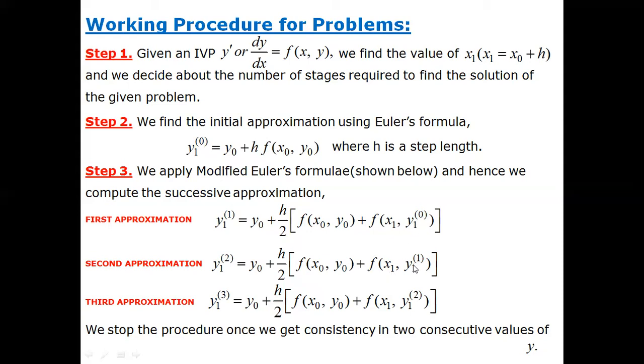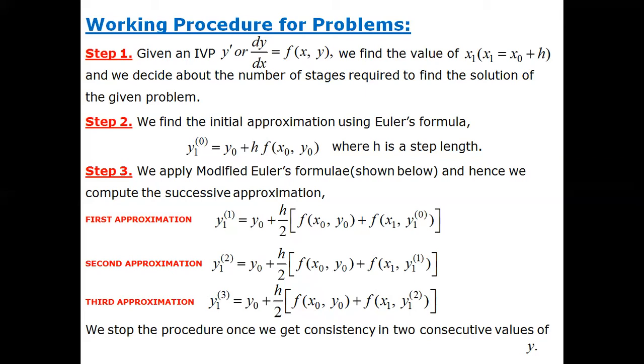Only the last value is changed: y1 power 0, y1 power 1. So easy to remember. In the same way, the formula for the third approximation is y1 power 3 equals y naught plus h by 2 into f of x naught comma y naught plus f of x1 comma y1 power 2. This y1 power 2 is the second approximation obtained here.